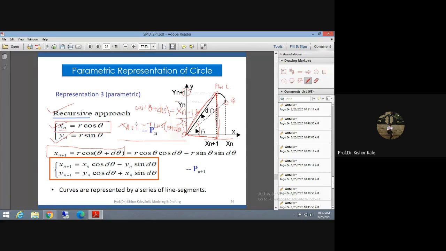You might have learned this in 11th or 12th standard. What is cos of a plus b? You don't consider r for the time being, this r is multiplied. So cos of a plus b is cos a cos b minus sin a sin b.